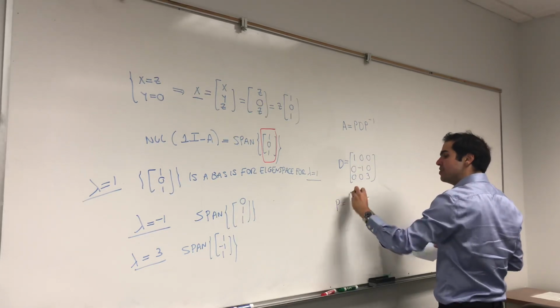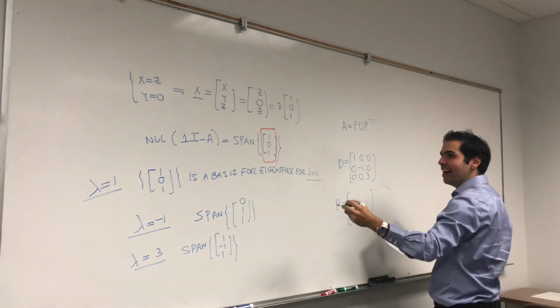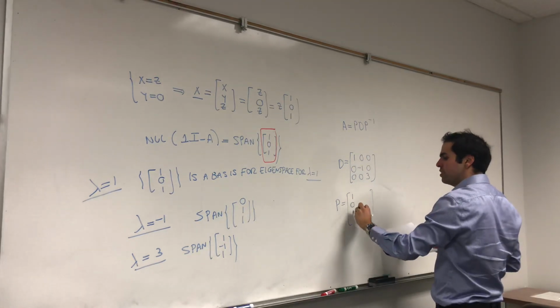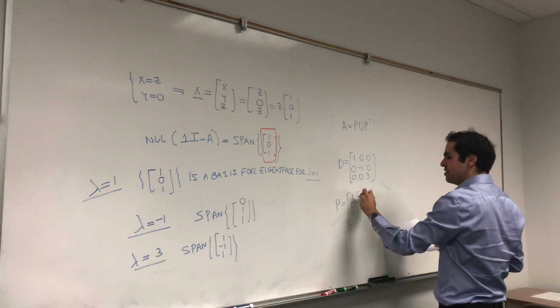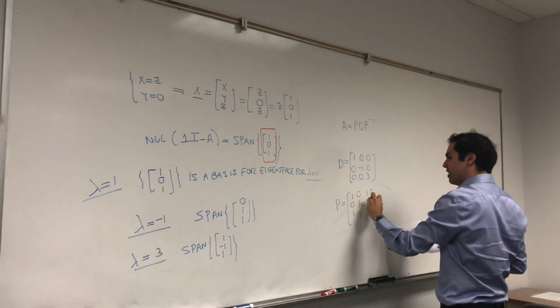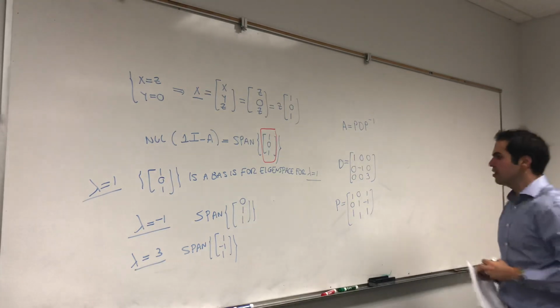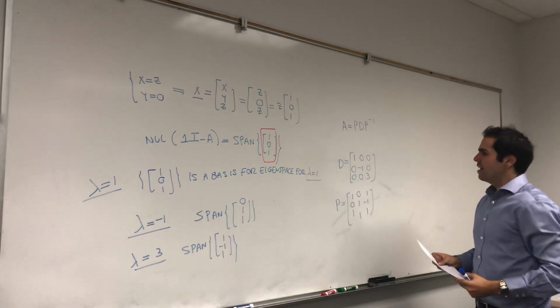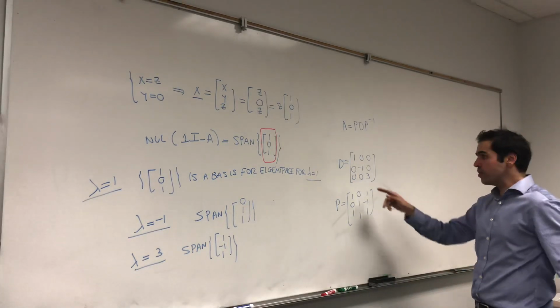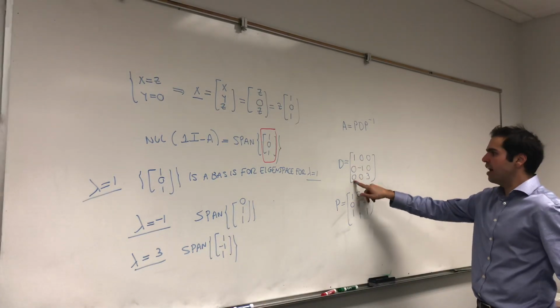And P is the matrix of corresponding eigenvectors, which here is the columns (1, 0, 1), (0, 1, 1), and (1, -1, 1).